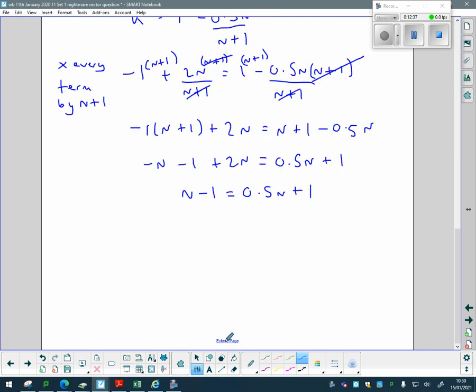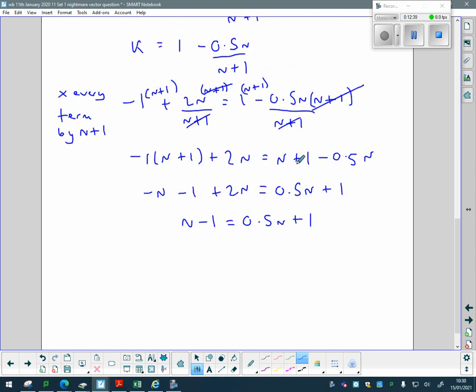I'm doing that thing where I'm not actually explaining my balancing, but I think at this level you don't need to. Taking 0.5n from both sides gives 0.5n, and adding 1 to both sides gives 2. And then dividing both sides of the equation by 0.5 gives me an answer of n equals 4.